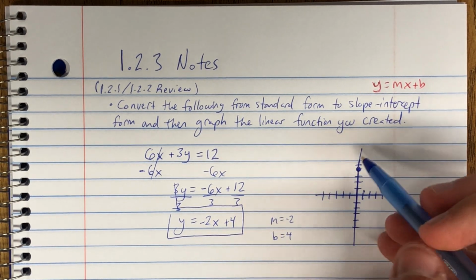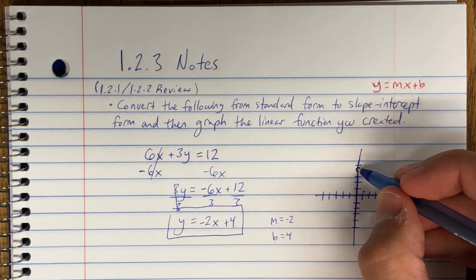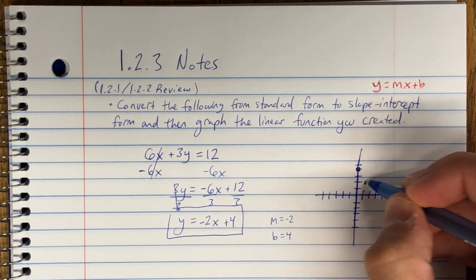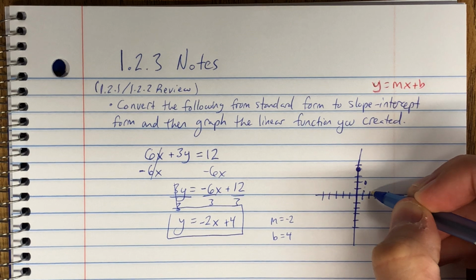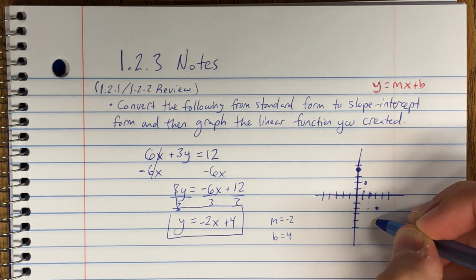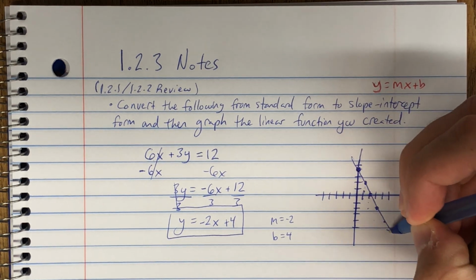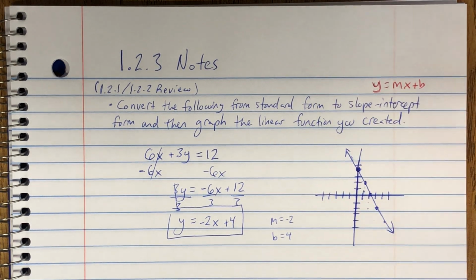If our slope is negative 2, that means our rise is negative 2 and our run is 1. Negative 2 over 1, so we're going down 2, over 1. Down 2, over 1. Down 2, over 1. And there we have it. There's our linear function.